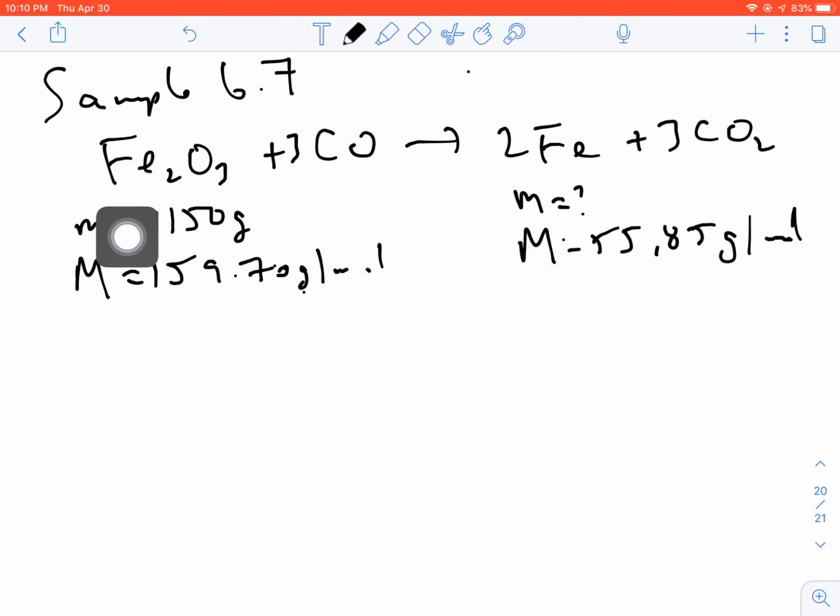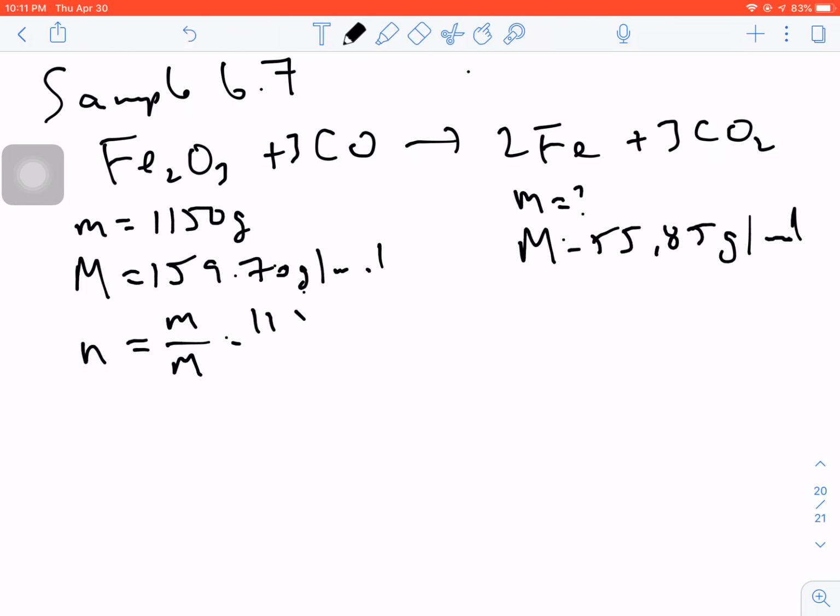So I'm going to use my mass to find little n. I'm going to use my mole ratio to find little n here. Use my molar mass to find the mass of iron here. And then I'm going to know how much iron I'm supposed to get when I do this lab. So, to find my number of moles on this side, I'm going to take the mass divided by the molar mass.